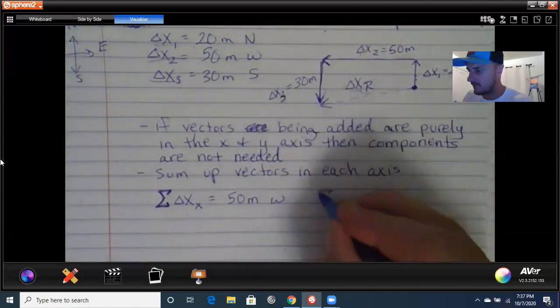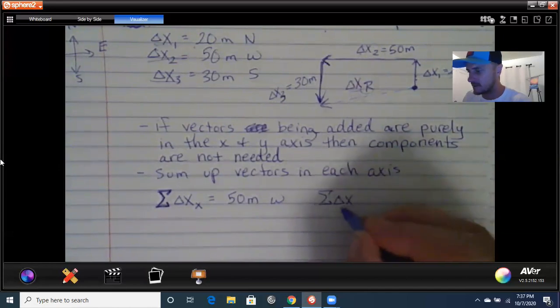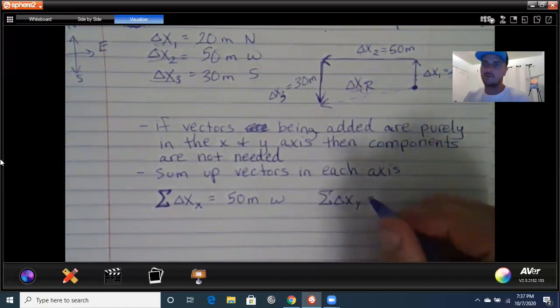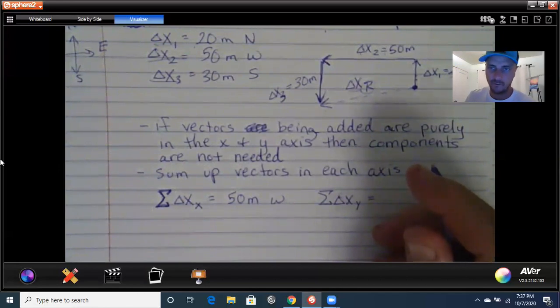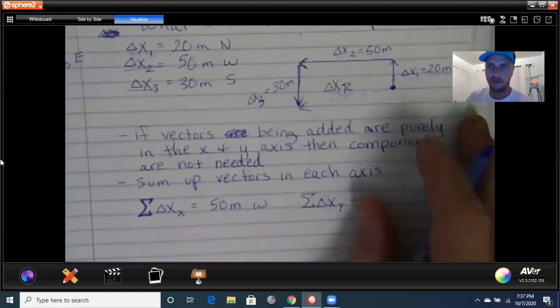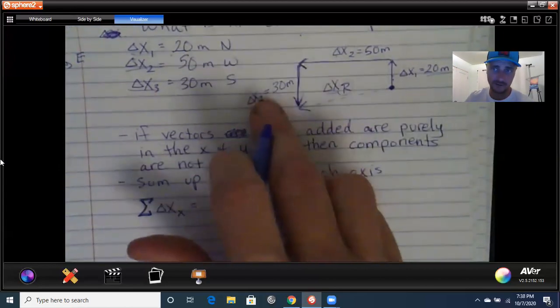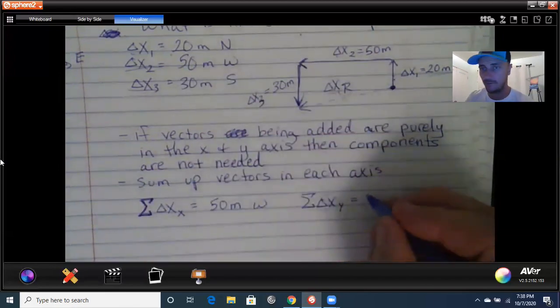Let's sum up our vectors, our displacements, right? Sum up our displacement vectors in the y-axis. Well, here's where you need to go back to what I taught you in forces. Always lead with your dominant direction. Who's the dominator, south or north? South is dominant, right? So we're going to do 30 meters.